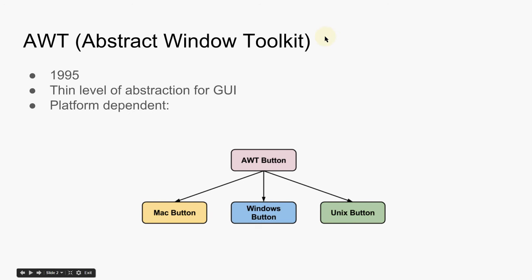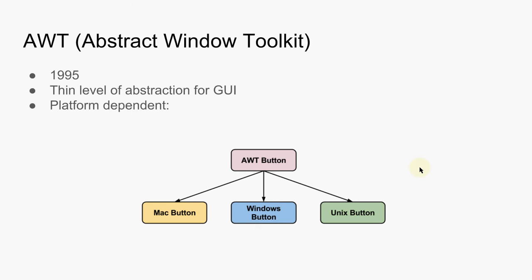The first graphical user interface toolkit was called AWT, and this pretty much came out right with Java in 1995. The main issue with AWT is it's platform dependent. What that means is if you develop an application and use AWT to make your user interface, and you have a button, your button will look completely different depending on whether it's being run on a Mac or a Windows machine or a Unix machine.